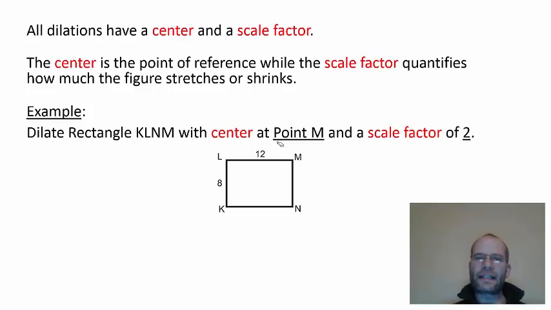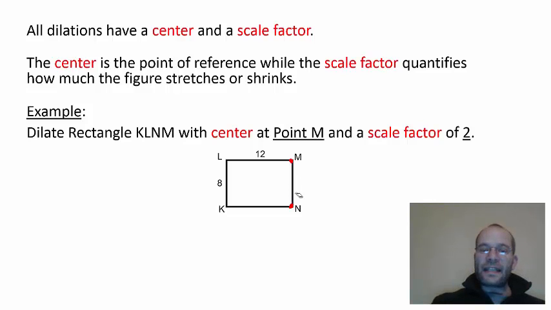It's important to recognize that the image and pre-image of every point in the diagram will always lie on a ray, which ray has endpoint at the center. All right, that's a little bit hard to get our head around. Let's take a look at what I'm saying. We have point N here, and we have point M. We're just going to focus on point N, and we'll pay a little bit of attention to point M. Forget the rest of the diagram for a minute.